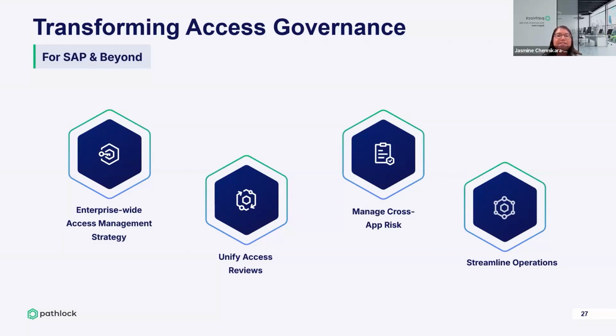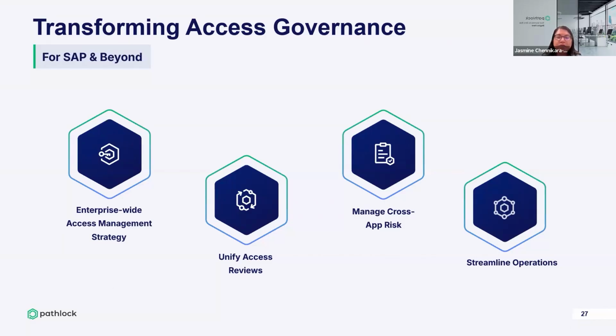In today's complex environment, you need one approach that can span all applications: your SAP ERP, S/4HANA, Ariba, Salesforce, JD Edwards, Microsoft, all these applications and platforms. Aligning roles and access across the enterprise will help you ensure consistency and scalability as the business grows.